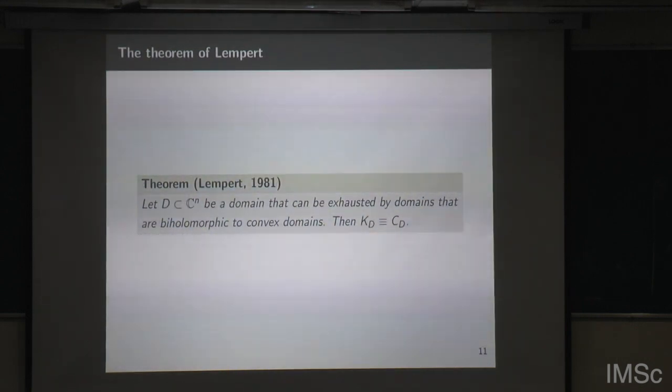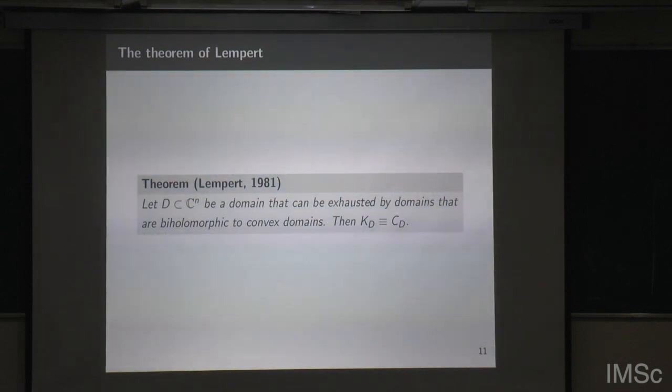Okay. Now, as I mentioned before, the Carathéodory pseudo distance is the smallest possible pseudo distance that you can put, and the Kobayashi is the largest. So, it is interesting to study the scenario under which both the Carathéodory as well as the Kobayashi pseudo distance will coincide. When does that happen? Lempert gave the answer in 1981 for domains in Cn.